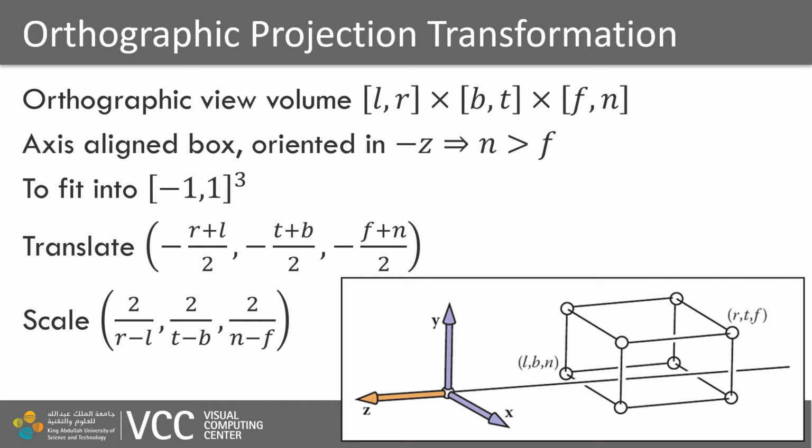We define this view volume by 6 planes: the left, right, bottom, top, near, and far planes, which partition the space so that we create this box which is marked as border by these planes.